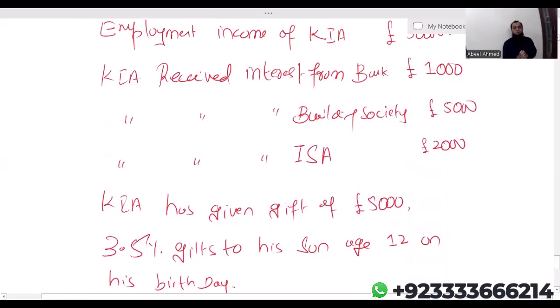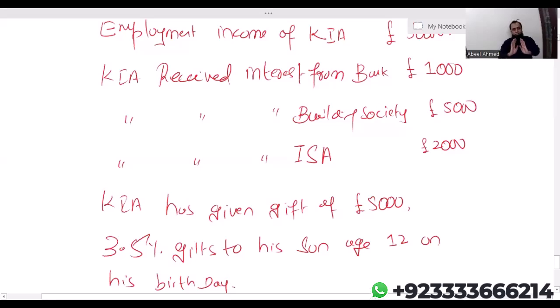Listen, student, carefully. Right now, you just need to know one concept, one rule. What is that? If your examiner says interest income is coming from individual saving account, it is exempt. Even if your examiner says dividend income is coming from ISA, it is exempt. Even if your examiner says capital gain is coming from ISA, it is exempt. So this is what you need to memorize right now. The limit of ISA is 20,000. How it works, we'll discuss.